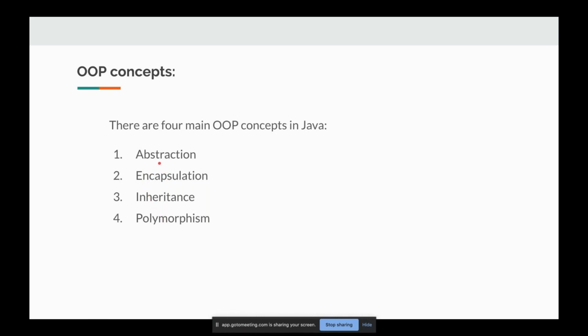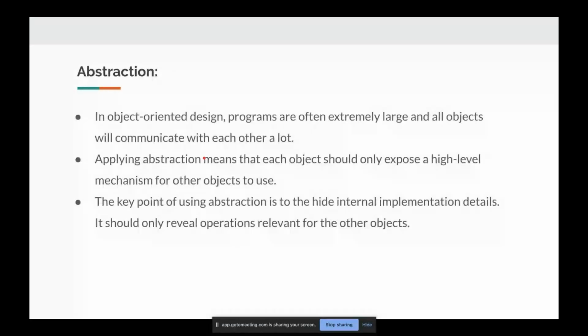I will be explaining each and everything with a simple real-time example. So first is called abstraction. You can interpret abstraction in real time as hiding.